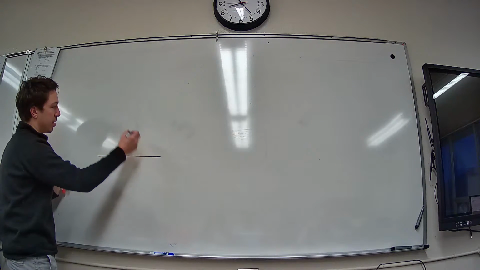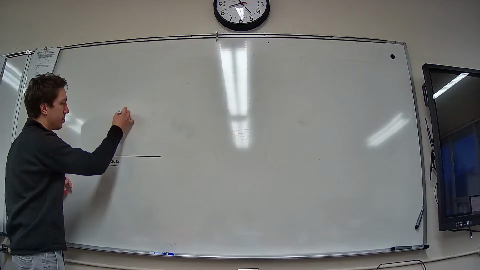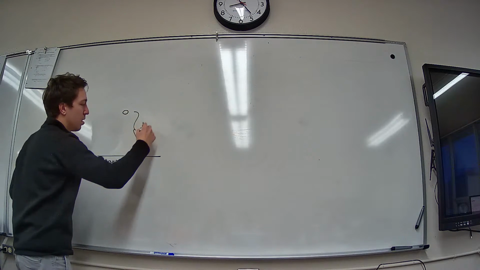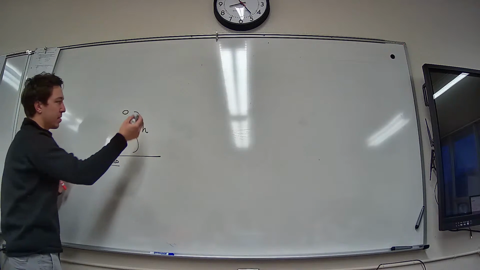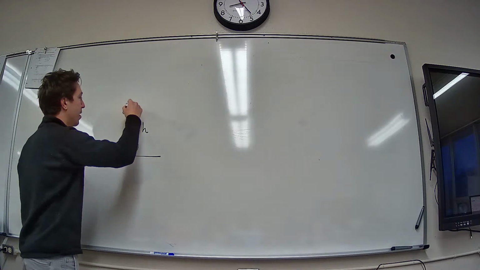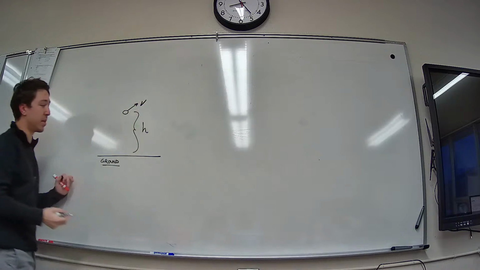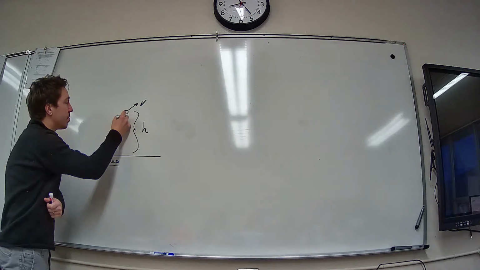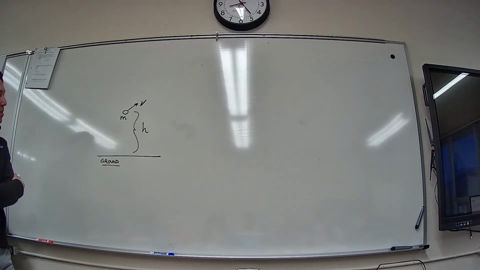If an object is up in the air, if it has some height, and let's say it's moving with some velocity, it could be moving in any direction, down or up, it doesn't really matter. So say it has some velocity vector v, and it's got some mass m, so you can describe its energy.